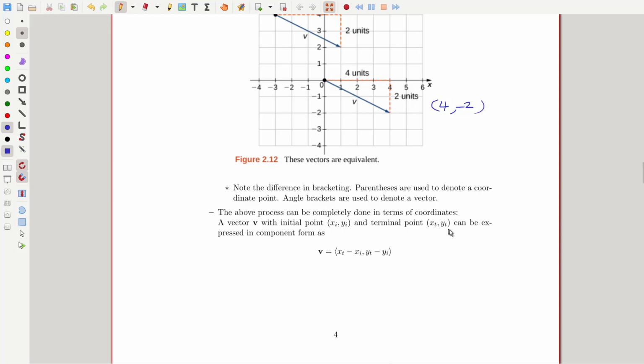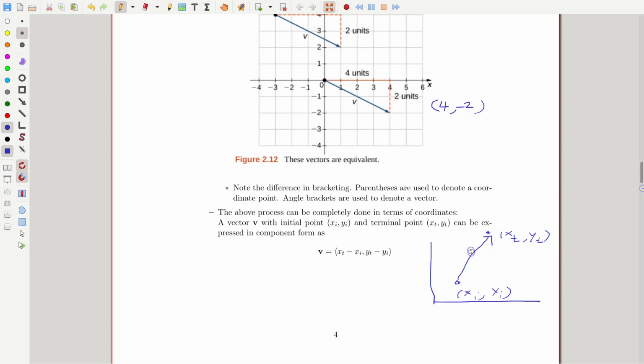Then in order to give this vector a name, you can use this expression. Maybe a bit of a diagram would help explain how this expression shows up. Let's say that is xi, yi, and this is going to be a bit hard to do, and then this is xt, yt.